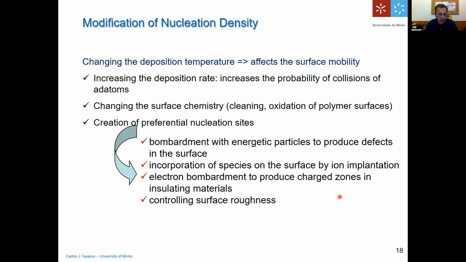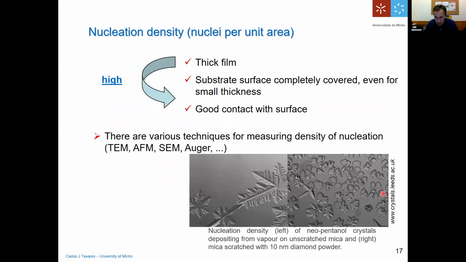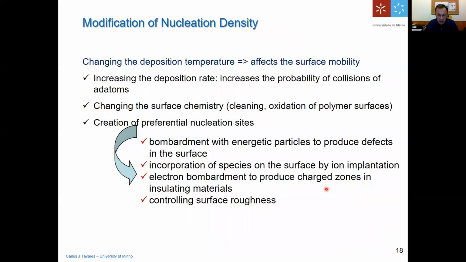And by creating these preferential nucleation sites, like I said here, by scratching previously the surface of mica with diamond paste, you can achieve different nucleation kinetics. Other ways to achieve these preferential nucleation sites, you can bombard the surface.